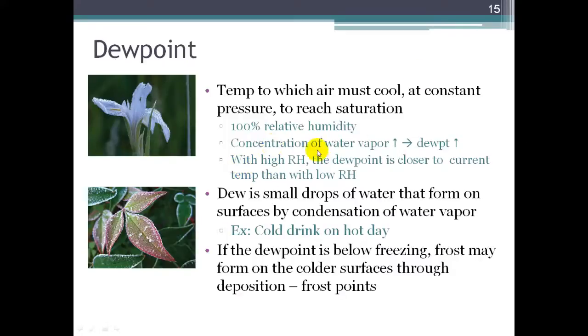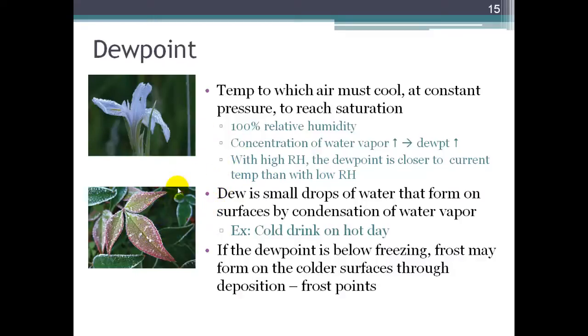As the concentration of water vapor increases, the dew point also increases. If you add more water vapor, everything else held constant, the dew point is going to increase.